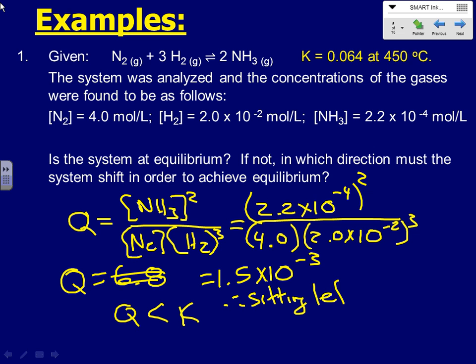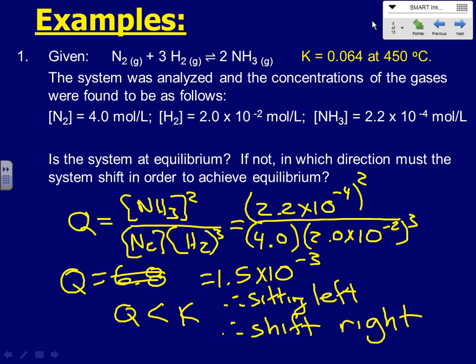In order to get to equilibrium, which way is it going to shift? It's going to shift right. And reactant will become product in order to establish equilibrium. Okay?